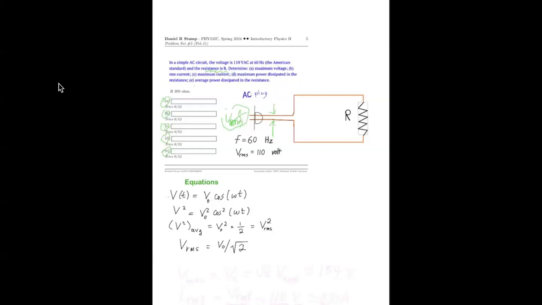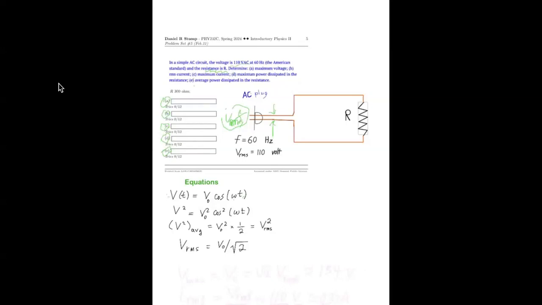The voltage is alternating, so it's some amplitude V0 cosine omega t. Now V0 is not 110 volts. 110 volts is VRMS. If we take V and square it, we get V0 squared cosine squared.